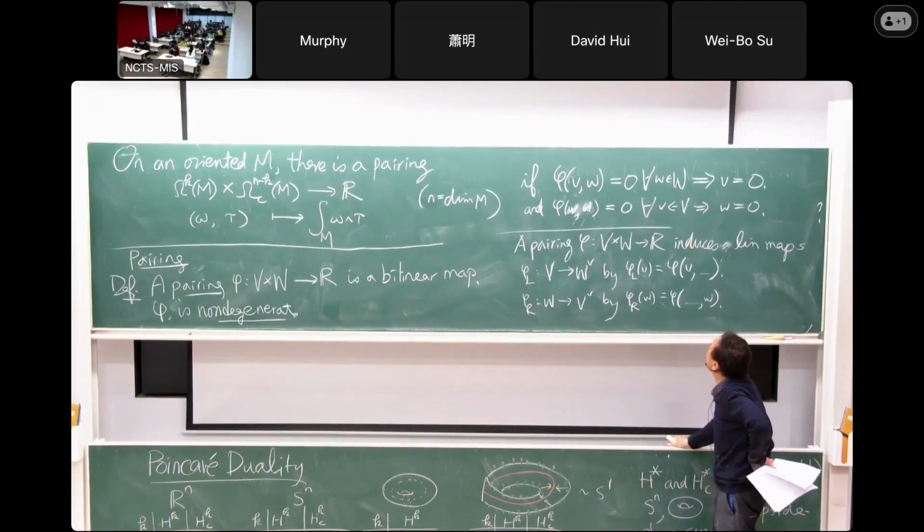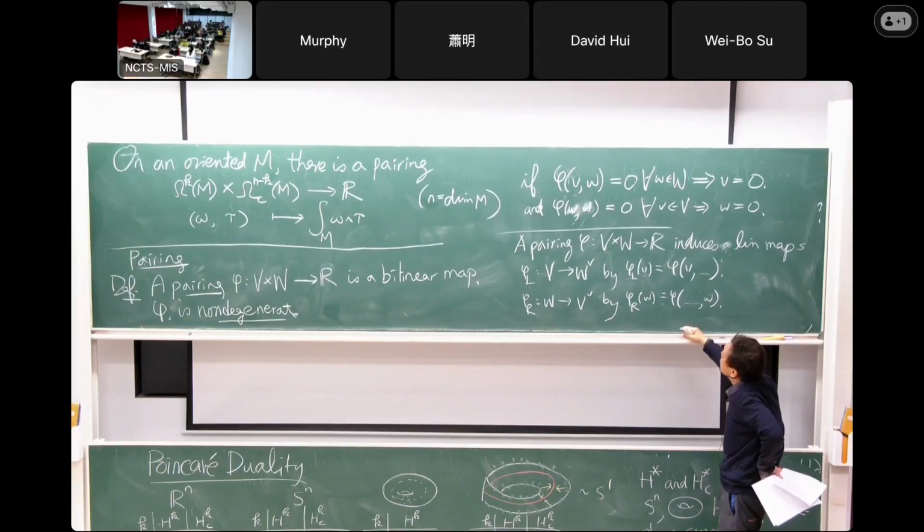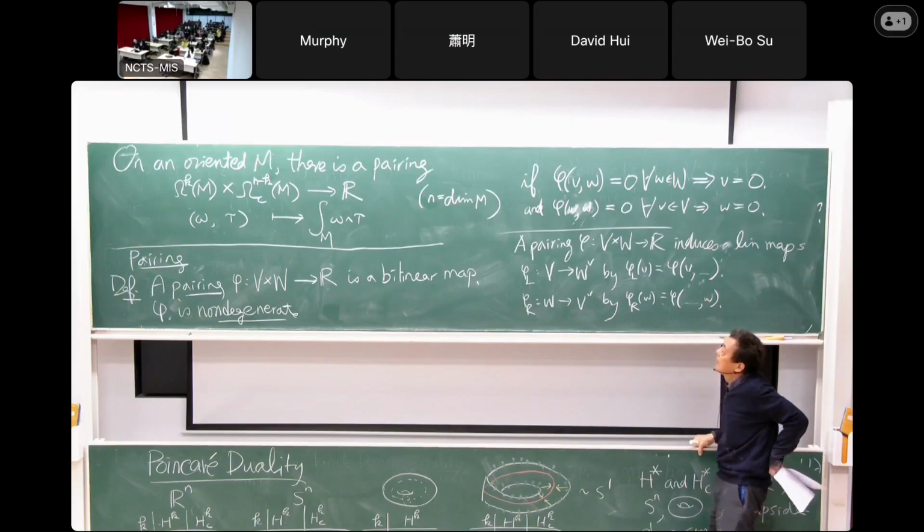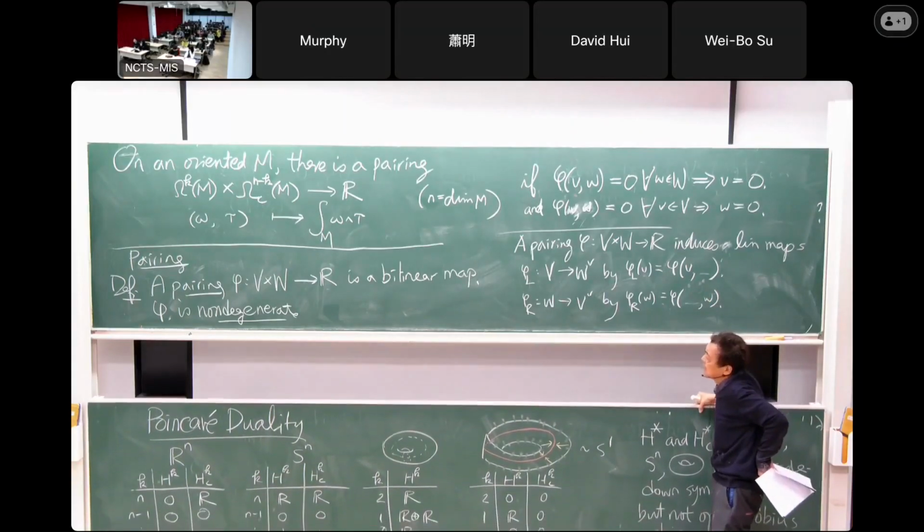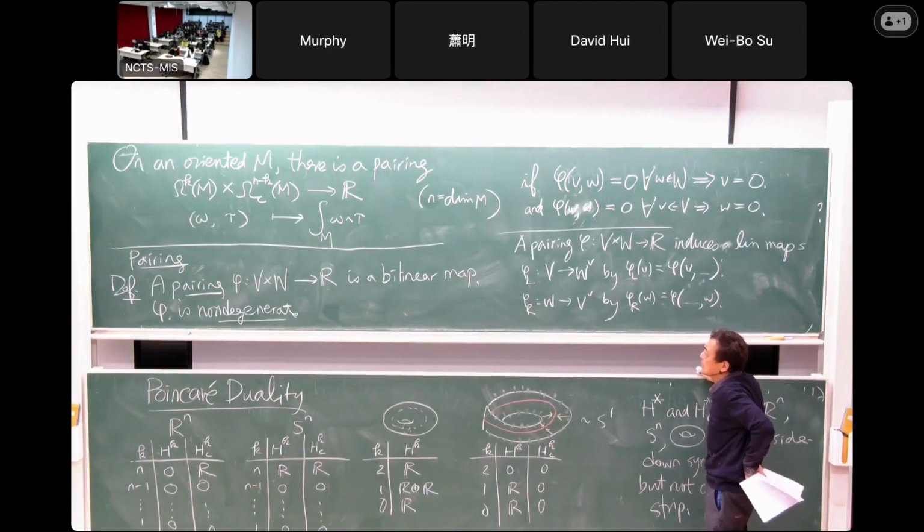And then you can say that it's non-degenerate if these two maps are injective, right? The first condition says that if this map is 0, then V is 0, so phi L is injective.